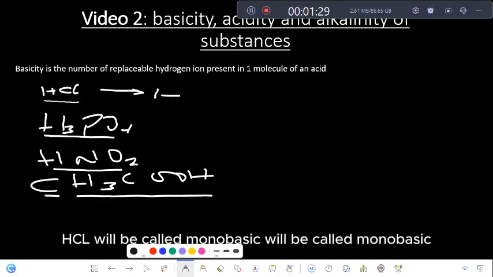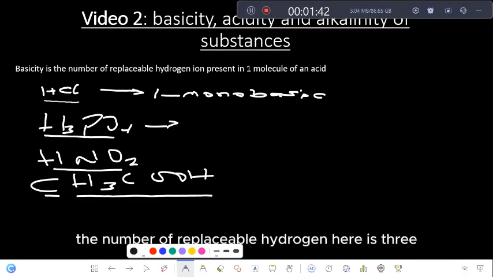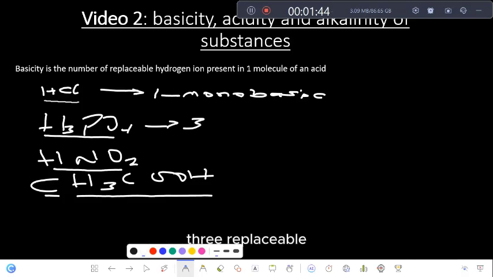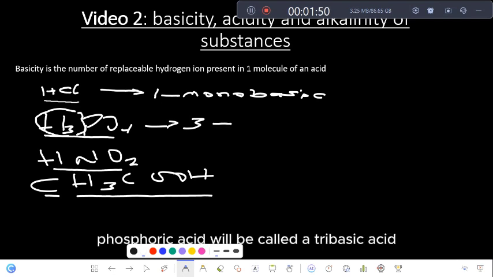Therefore, HCl will be called monobasic. For phosphoric acid, the number of replaceable hydrogen is 3. Three replaceable hydrogen ions are present in phosphoric acid. For that reason, phosphoric acid will be called a tribasic acid.